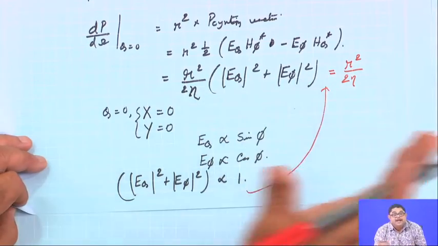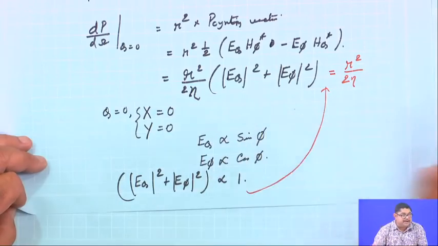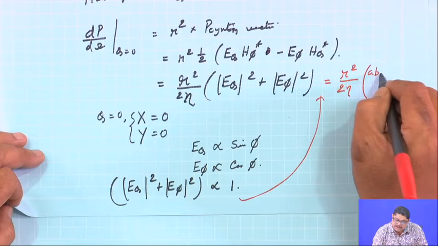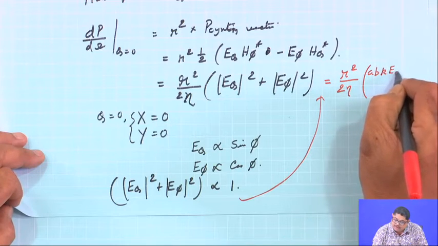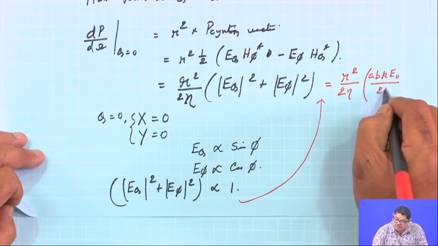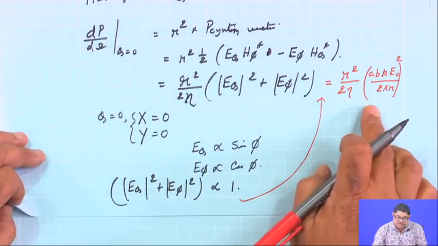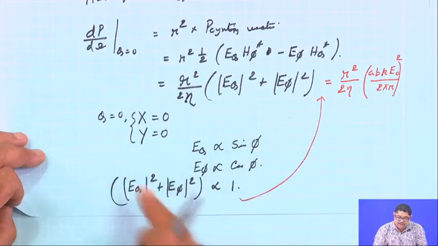If I have a constant part, that part will be there, other things are not there. So, that will be a b k E naught by 2 pi r whole square. So, dP d omega I got, Pr I have got.